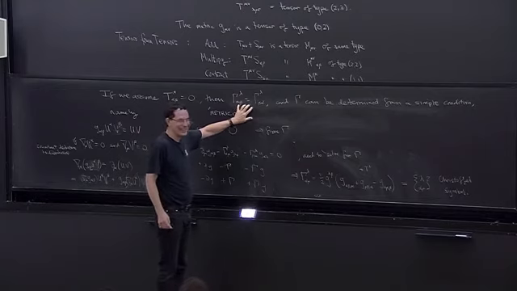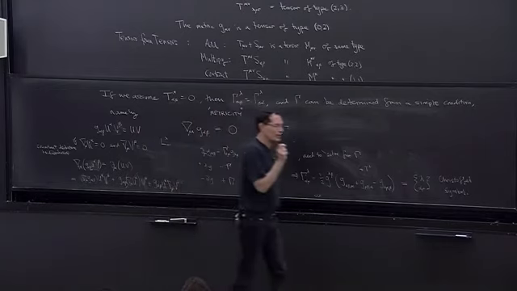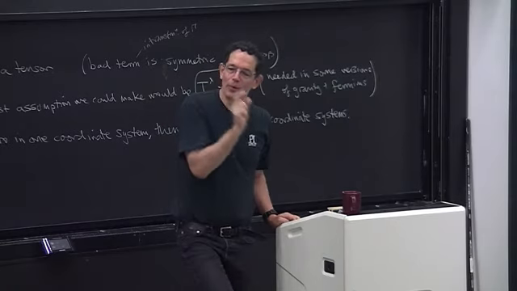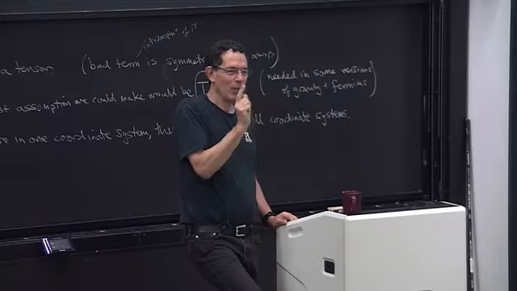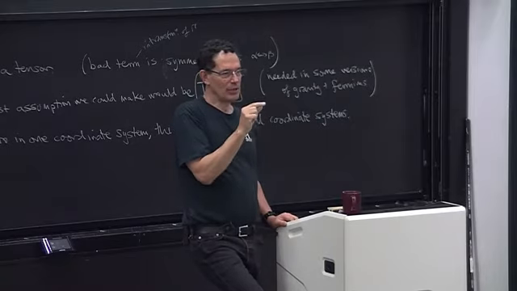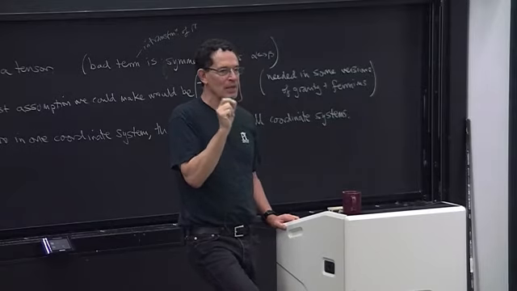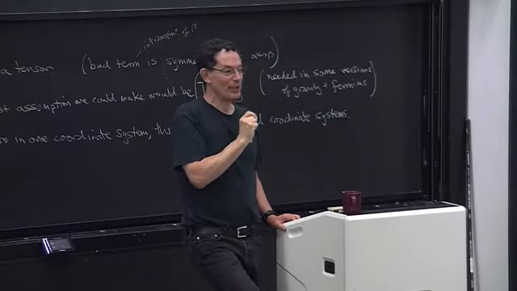If you find a coordinate system in which gamma is 0, that's only local. It's only at one point. Yeah, gamma is 0 at one point. So we can always find a coordinate system where gamma is 0 at a particular point. So the torsion is 0 at that point.